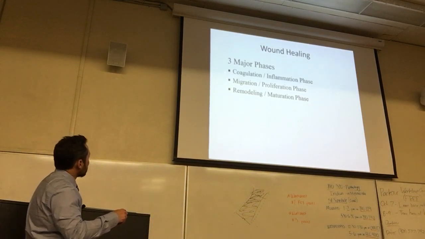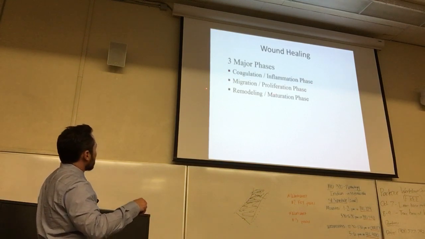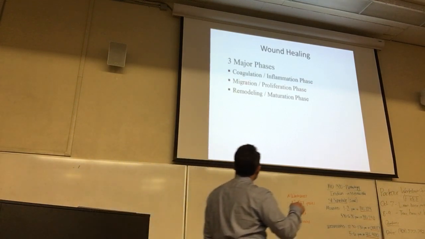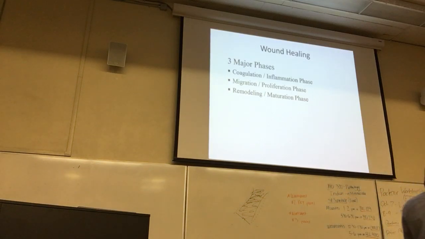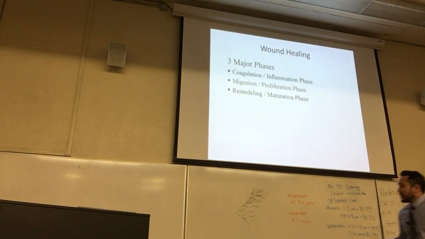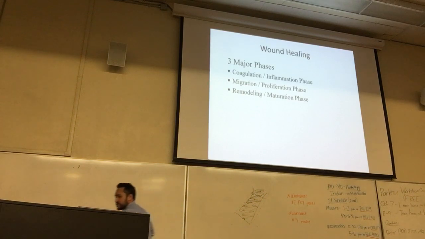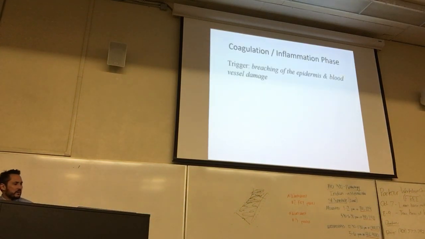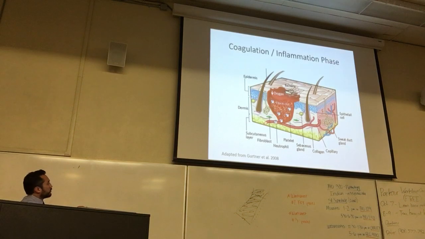So we've got sort of our inflammatory phase, our proliferation phase, and then our maturation phase. Or you can see the other ways that it's referenced is coagulation or inflammation, migration or proliferation, remodeling or maturation. So what we understand about these phases is in the inflammation phase, there's a breaching of the epidermis where the vessel's damaged, and that leads to the need for blood to flow in, forming this clot.